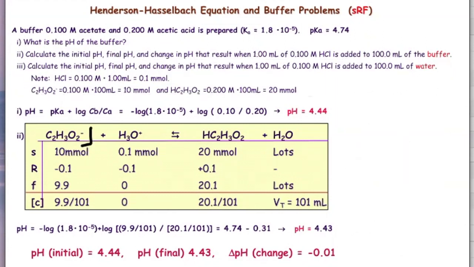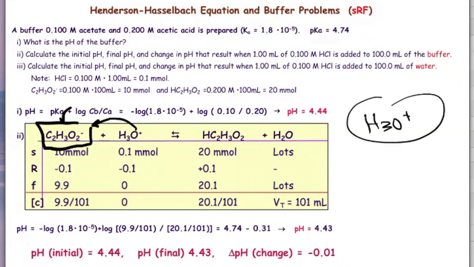This is removing hydronium. As long as this is present, any hydronium that comes into the solution will be consumed. And so if there's no hydronium that influences the solution directly, then there's no change on pH. And so the pH is maintained. That is, the solution is buffered.